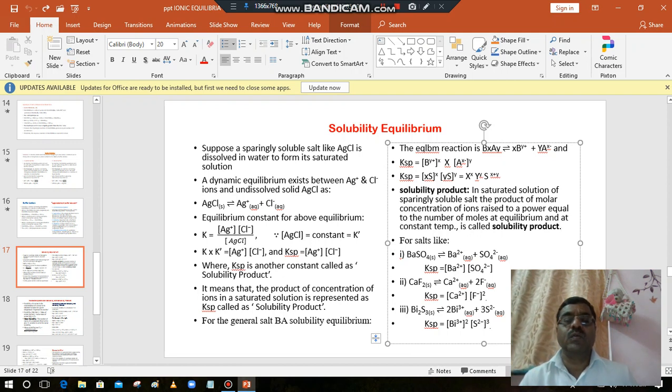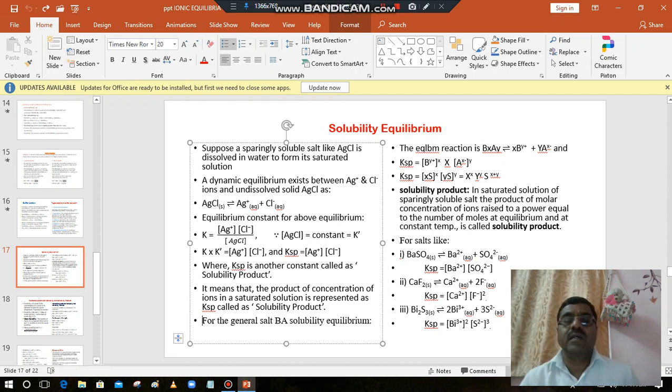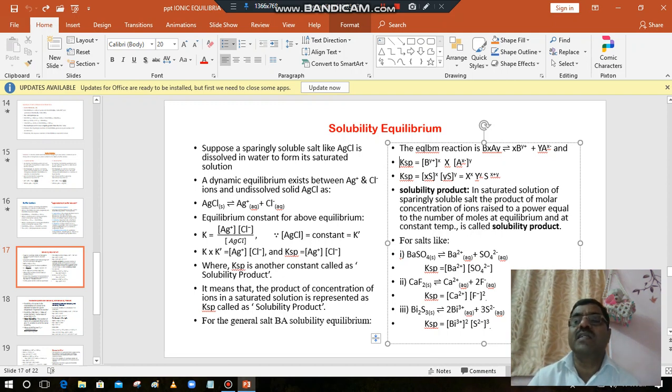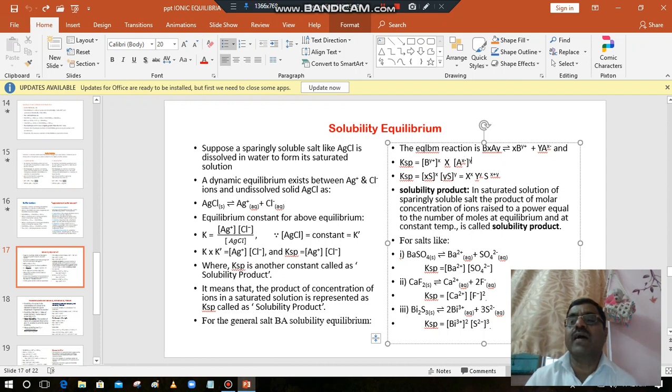For that we have to consider a general salt like AxBy, and its solubility equilibrium is AxBy equal to x A^y+ plus y B^x-. It means that x number of cations are formed and y number of anions are formed, and the Ksp, that is the solubility product, is represented like this: molar concentration of cations raised to x into molar concentration of anions raised to y.